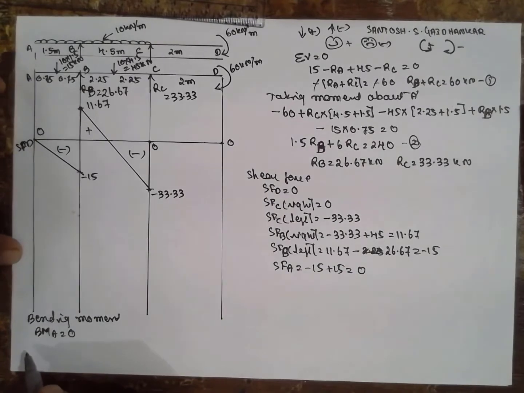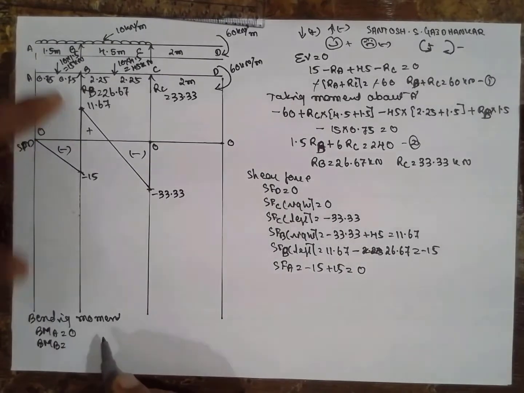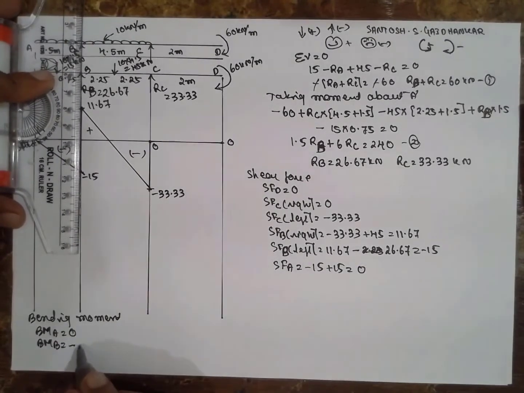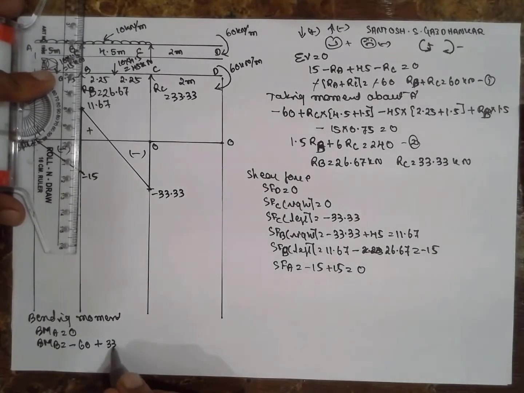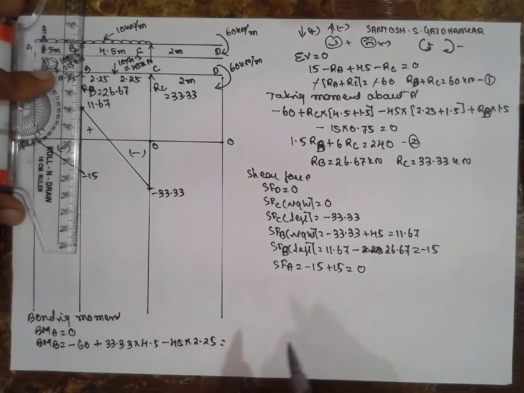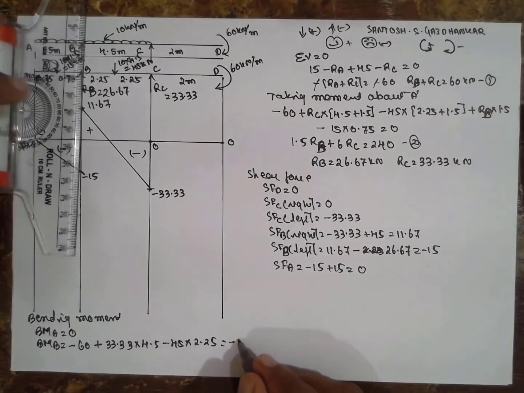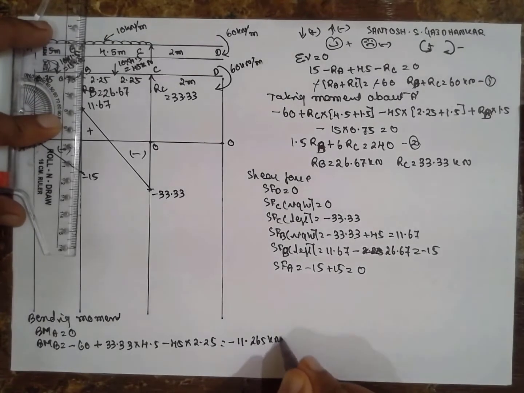Now I am going for bending moment at B. This is the B part, the couple comes into the picture, minus 60 plus 33.33 into 4.5 minus 45 into 2.25. Calculate, you will get the answer minus 11.265 kilonewton meter.